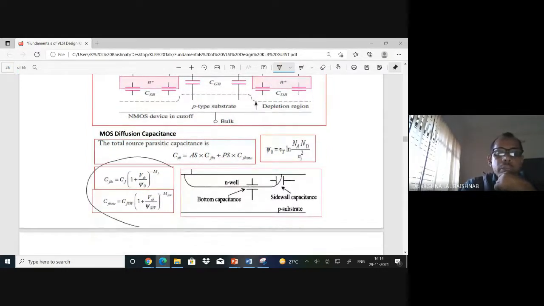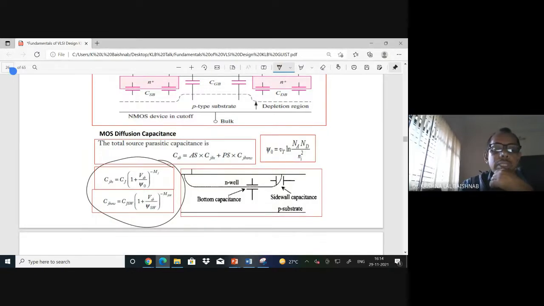You see that wherever there is a body effect, wherever there is the body, this capacitance is basically a parasitic capacitance, and the expressions are like this. You have to calculate the expression. I hope all of you know there is a minus, so it is 1 by. That is the expression for parasitic capacitance.